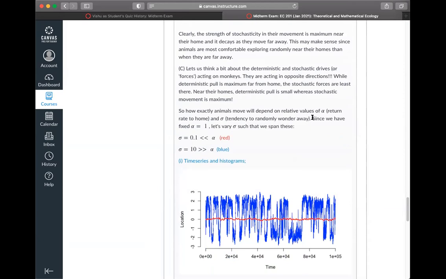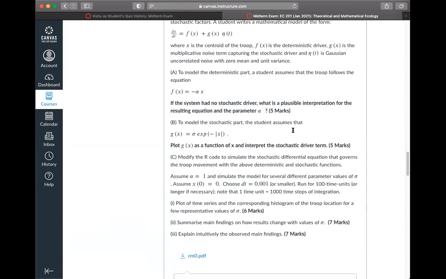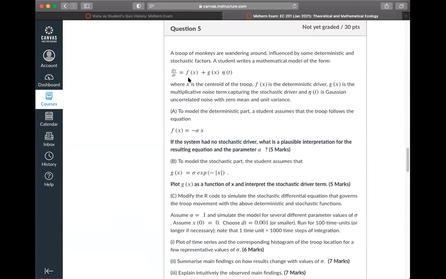I have written two here just for running, I was losing my patience in writing. Since I fixed alpha equal to 1, just go back to the equation. See, alpha comes in this part, and sigma comes in this part, and they both come as a coefficient to these terms, which means that alpha and sigma are sort of comparable numbers.